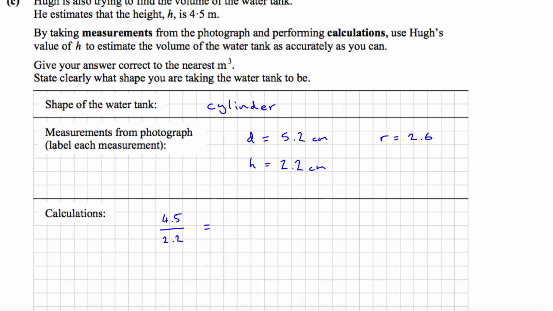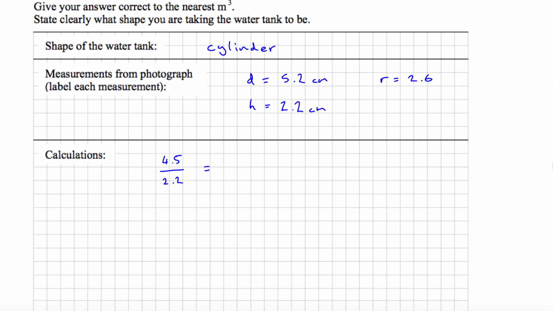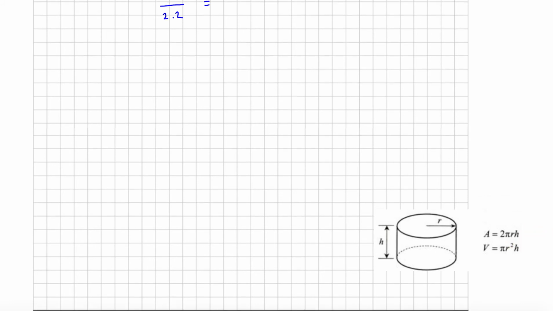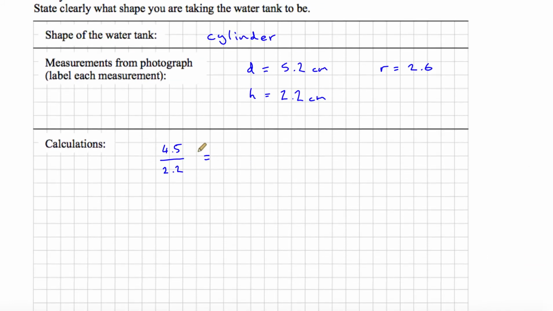The reason I'm doing this now is because I'm going to be needing the radius in my volume formula for the cylinder, because it's pi r squared h. So the radius that we're looking for, we can call it capital R, over the measured radius, which is 2.6.